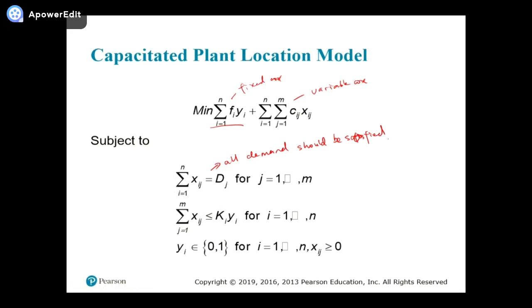And then we have the second constraint, which ensures that our supply from a plant does not exceed its capacity.